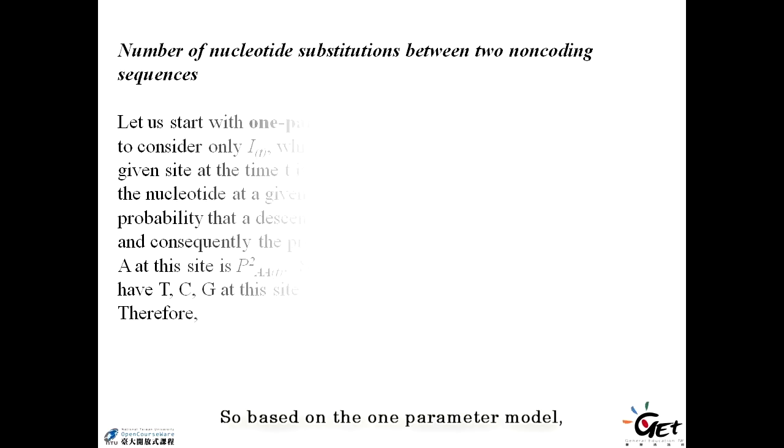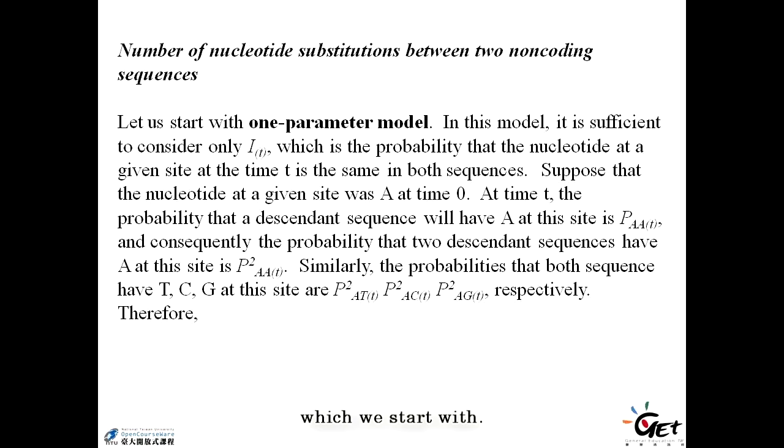So based on the one parameter model, which we started with, we now want to look at two sequences. What we want to know is the proportion of the sequence which stays the same nucleotide.